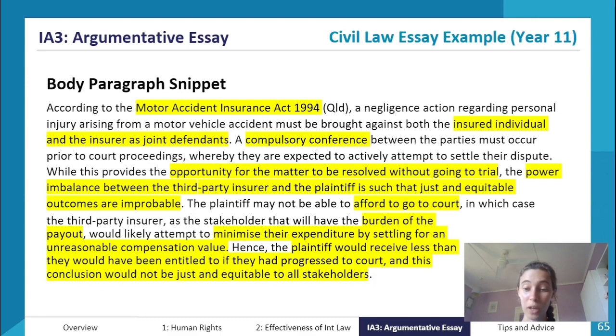And then delving into that even deeper, why not? Things like affordability as well, and explaining that full situation. So you're really digging deep into why it wouldn't be just and equitable.